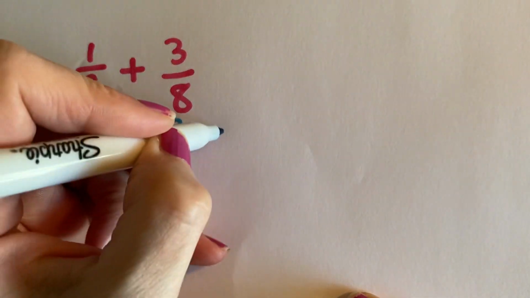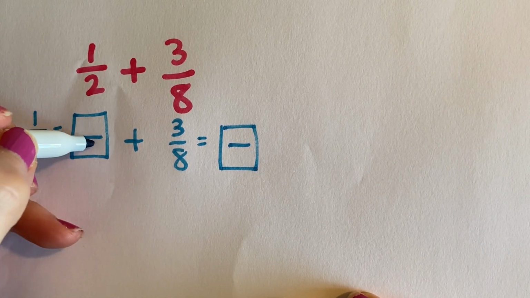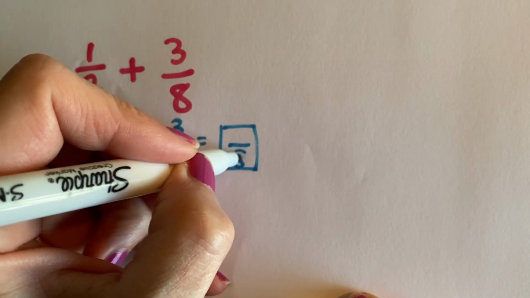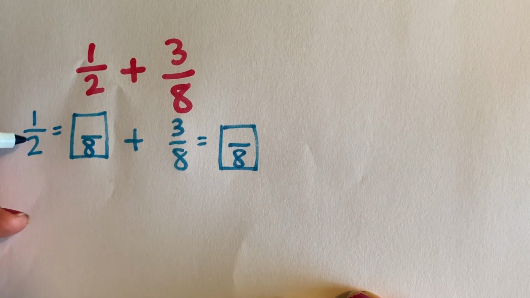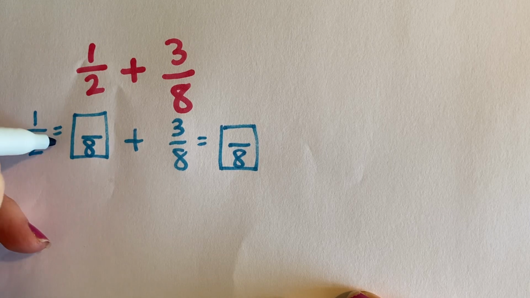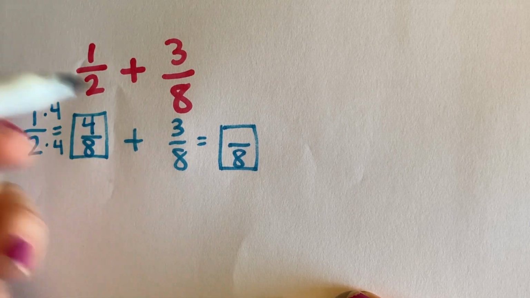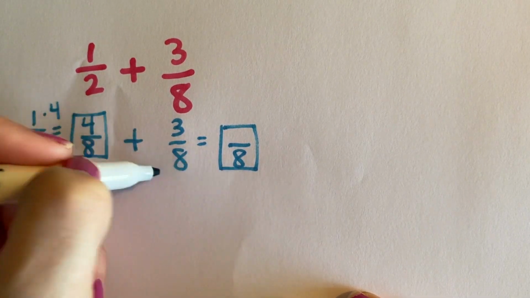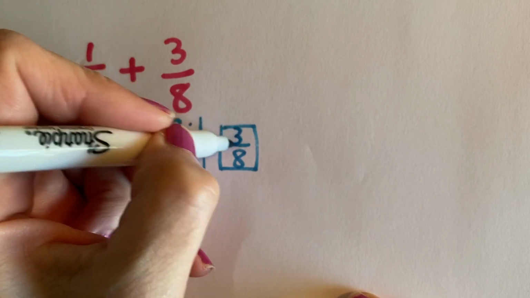Get our fractions going for equivalency. Okay, so if we make it 8, and I know that's the very same number, that's okay. 2 can grow to 8 through multiplying by 4. 1 times 4 is 4. 8 stays itself with multiplying by 1. And 3 times 1 is 3.